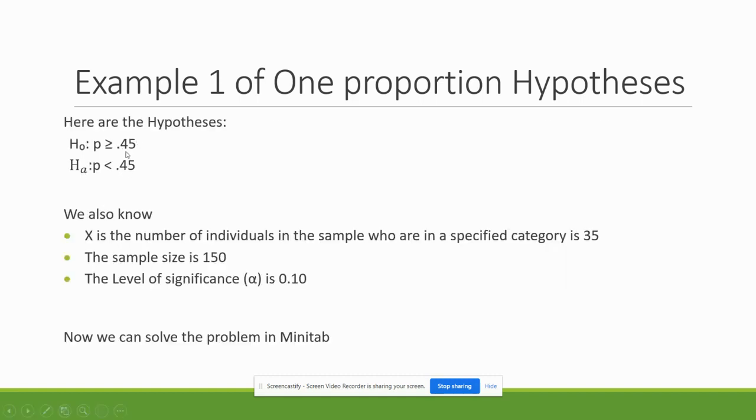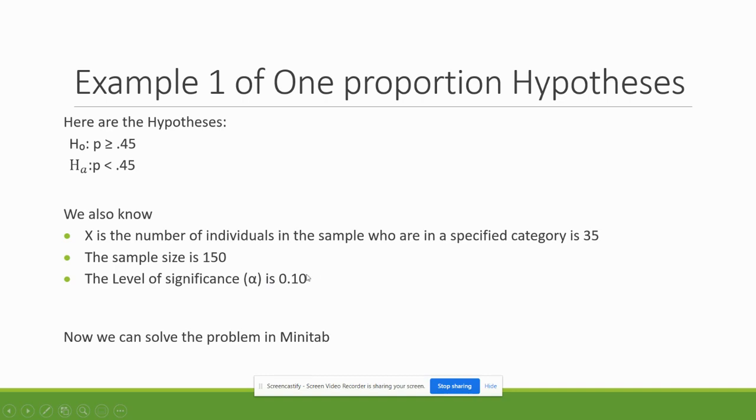I took that 45% and converted it into a decimal. So my null is p is greater than or equal to 0.45, and my alternative is p is less than 0.45. I also know x is the number of individuals in the sample who are in that specific category of hating their job. So 35 is the number, the sample size is 150, and my level of significance is 0.10.